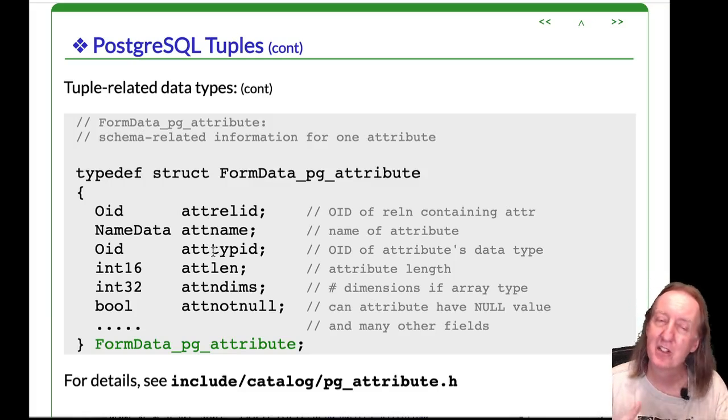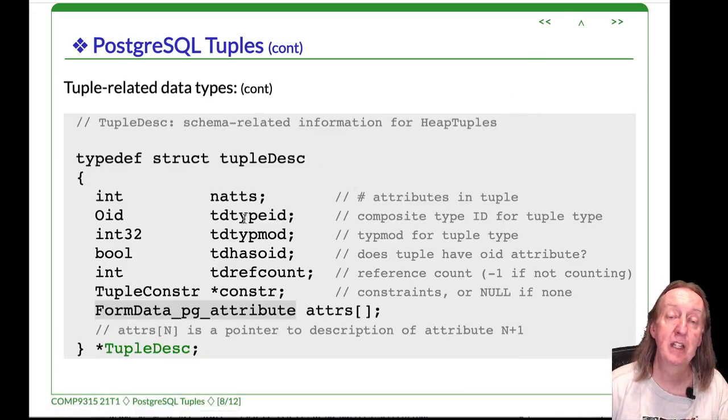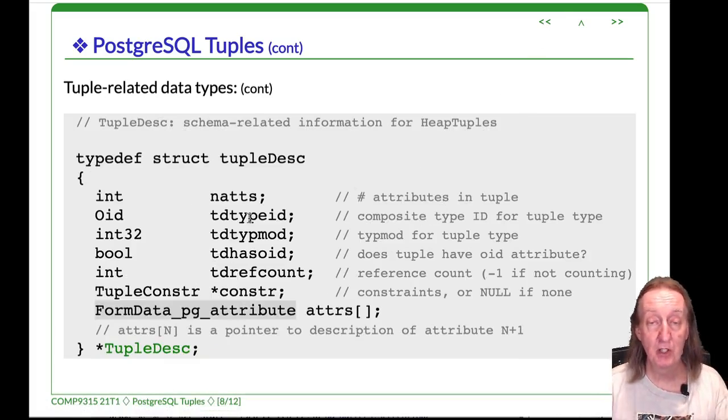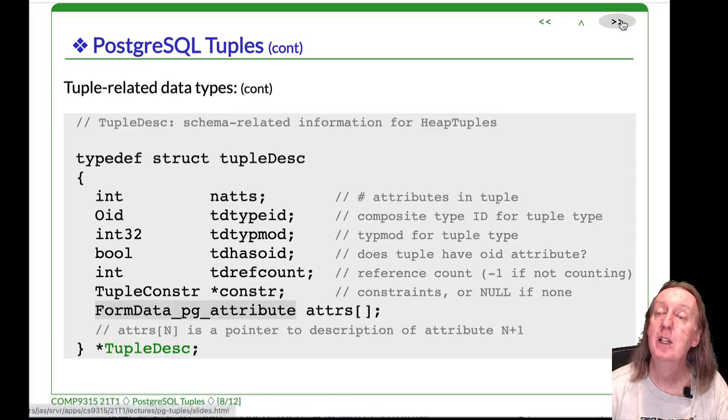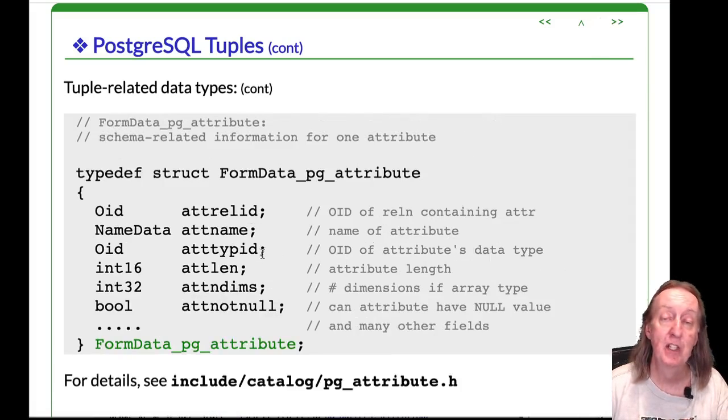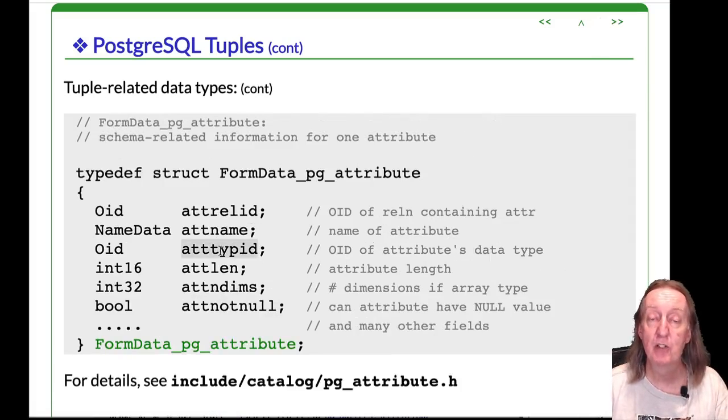So you can see that there's a little bit of redundancy. Well, it's not actually redundancy. The type ID that we had here is referring to the type for the whole tuple, which, as I said, is stored in PG class. This will actually be a pointer to PG type.